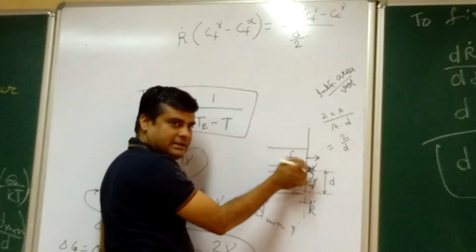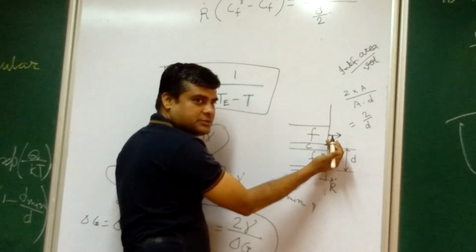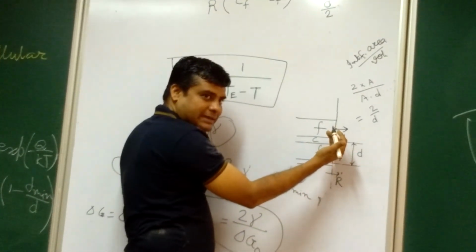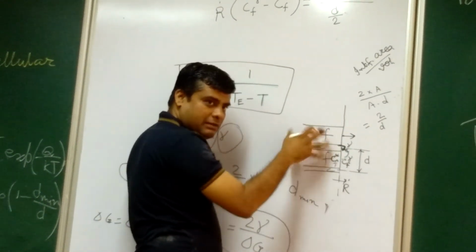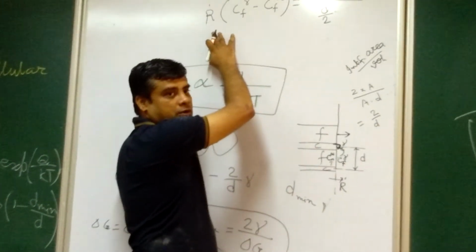So this is the flux of atoms, which is actually taken by the aggregate, and the aggregate is growing at a speed of R dot.